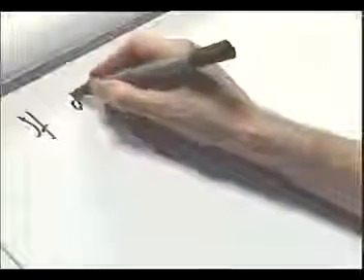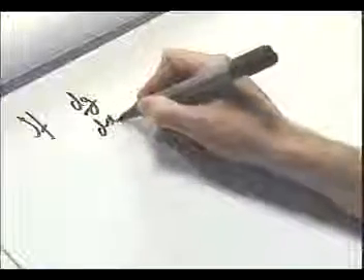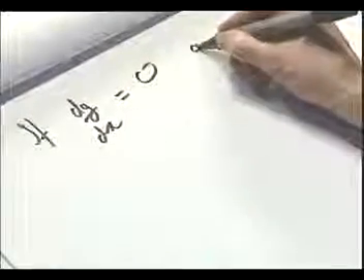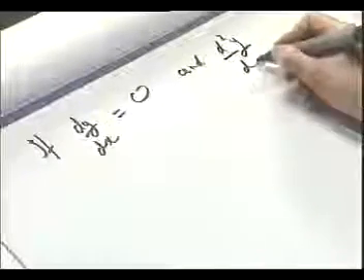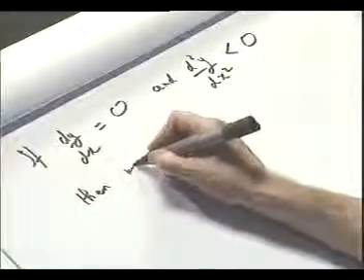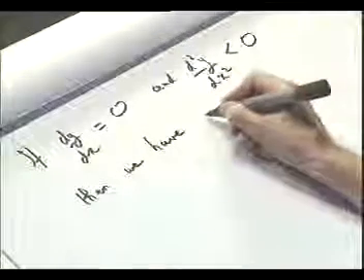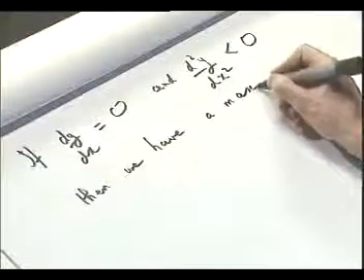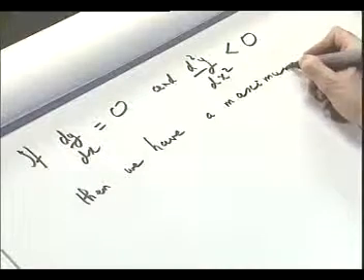So let's just write down again what we've got. If dy/dx equals 0 and d2y/dx squared is less than 0, then we have a maximum point.